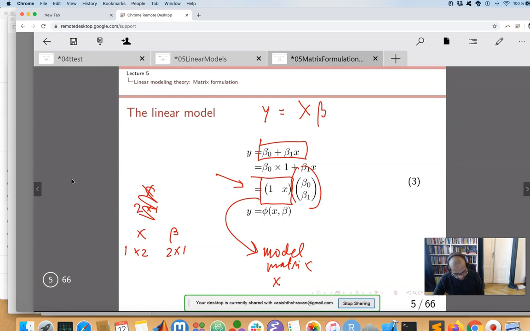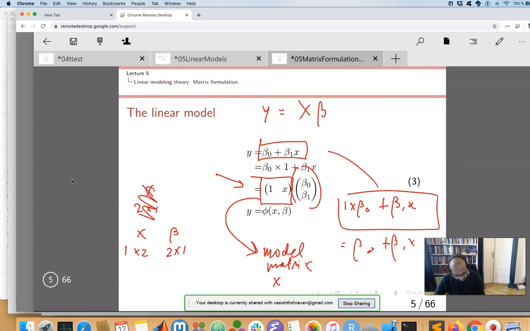You would take 1 multiplied by beta 0, plus beta 1 multiplied by x, right? That is exactly the same thing as beta 0 plus beta 1 x. That's exactly what we had earlier. So I've just rewritten the standard linear model that you had seen earlier in matrix form, right?